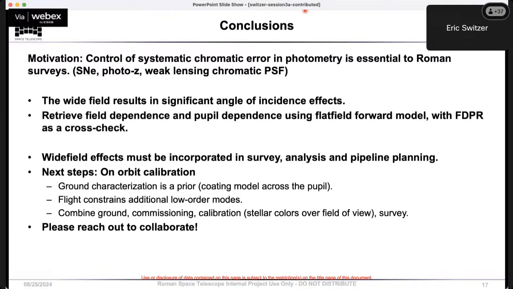So we can take what we learned from the blue edge and translate it to the red edge, but that's one where I think use will require some additional consideration of the chromatic photometry.